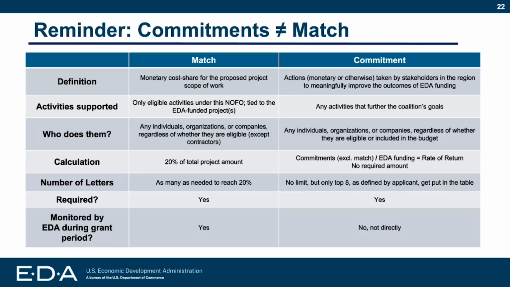I have a question. Yeah. So I think you said in the staffing plan that only staff members of the lead organization should be listed there. But maybe I misunderstood.